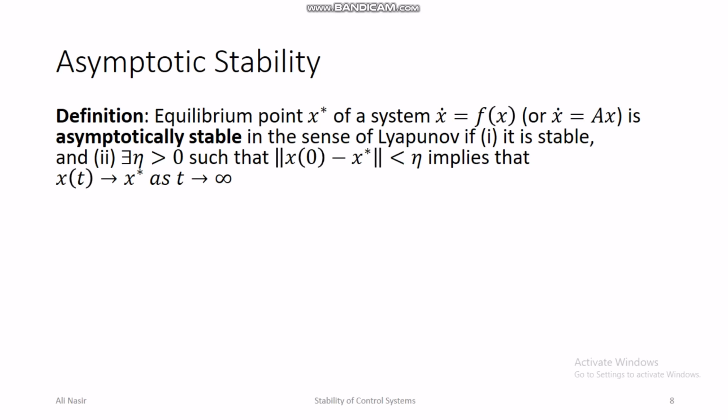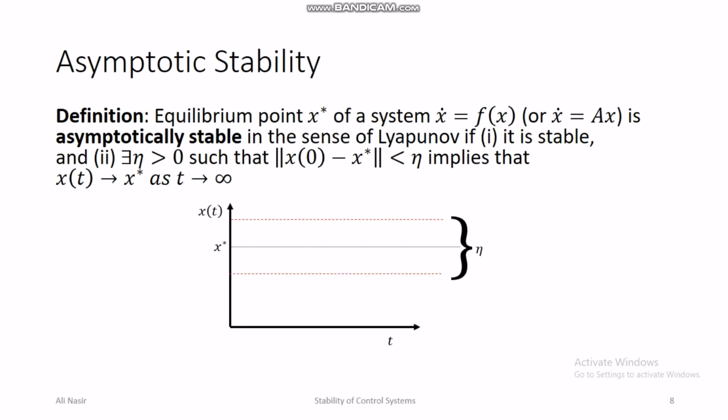Then we look at asymptotic stability. Asymptotic stability requires that not only we start and stay close enough, but we also have another neighborhood around the equilibrium point, eta, such that if you start within this neighborhood, you converge to the equilibrium point.